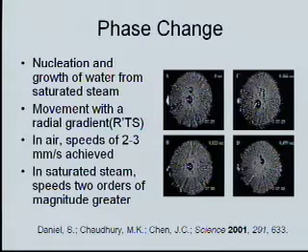And here's the other paper I believe Tiffany was referring to. This one had to do with nucleation and growth of water in the presence of saturated steam. They compared it to when there was no saturated steam present, and they noticed a couple orders of magnitude increase in the velocity. It was pretty neat how they created their gradients here.